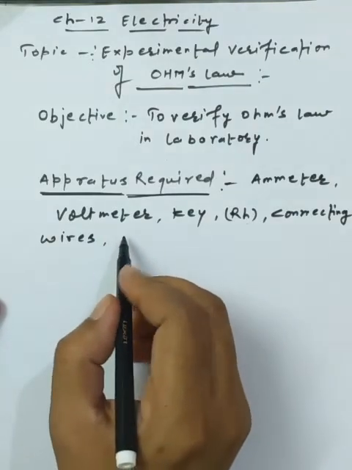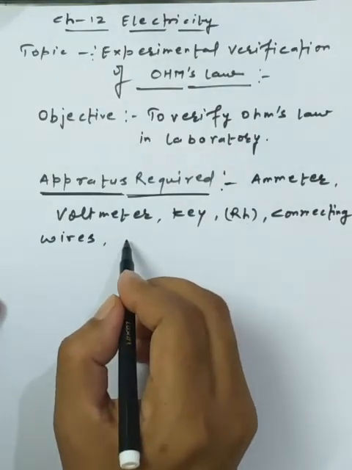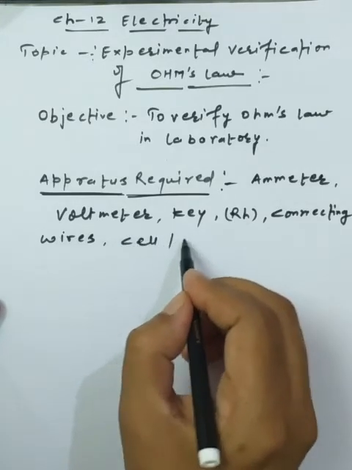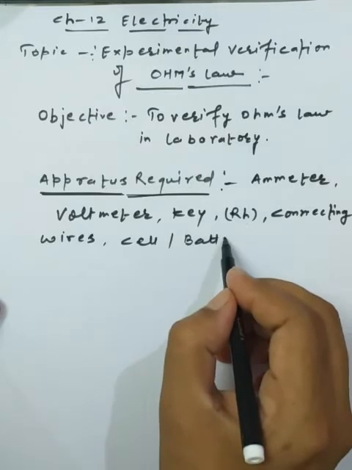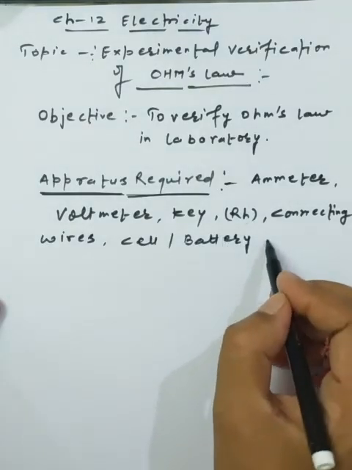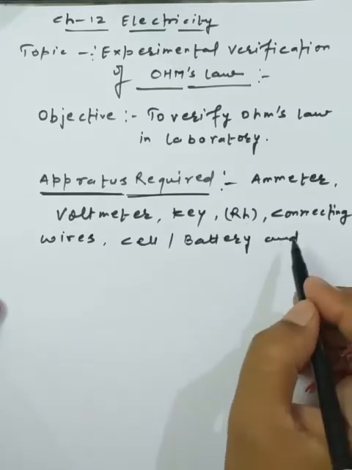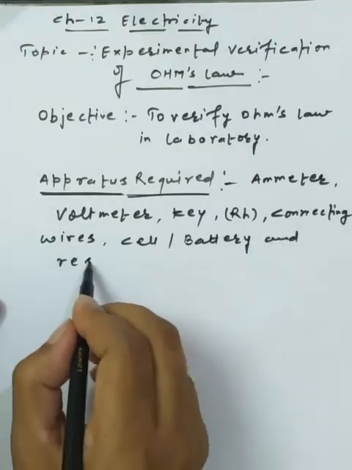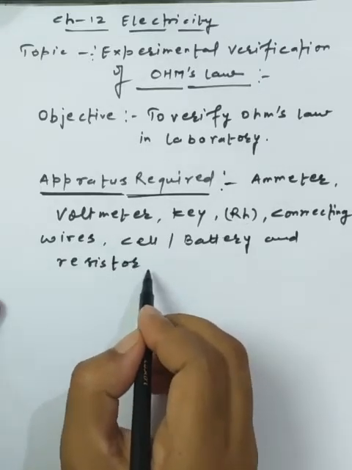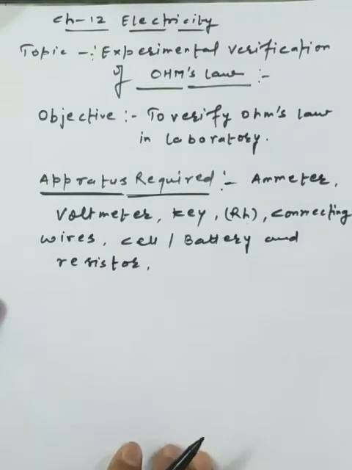Now to run the circuit we need the potential difference source, that is called the cell or the battery, and a resistor which we will use across the voltmeter ends. Okay, so this is the necessary apparatus required.